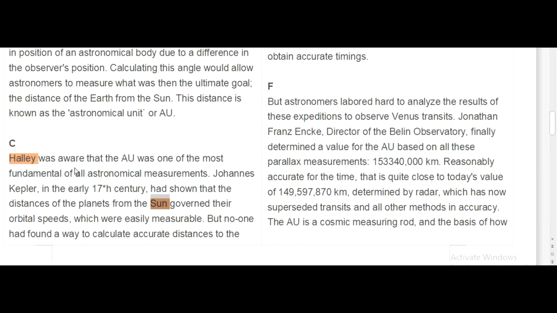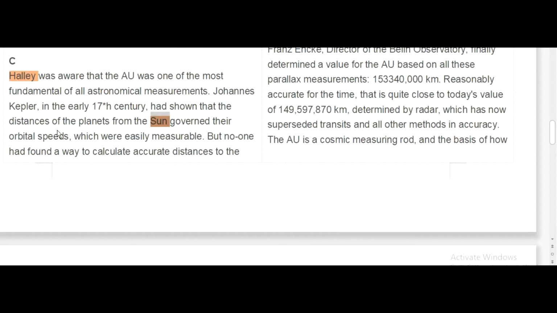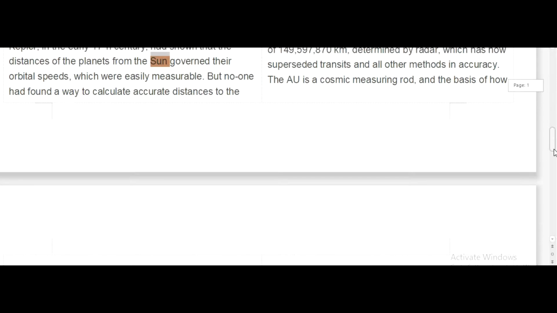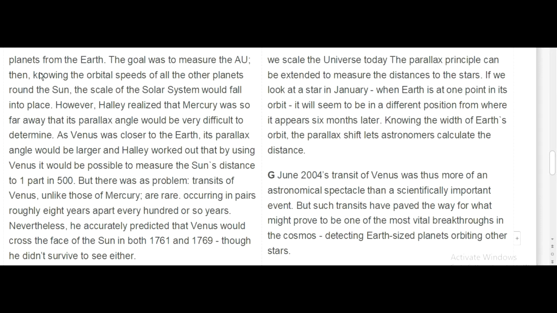So now I'm gonna scan this passage to see if it says anything about Halley observing a transit. Here I have found Halley again. So around Halley I have found my keyword Venus.